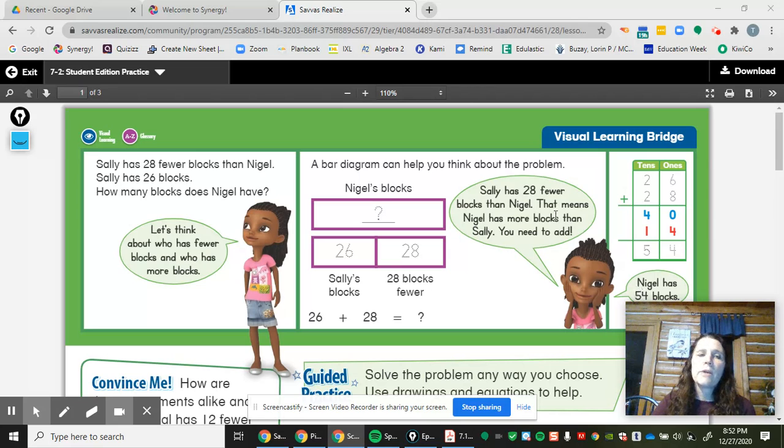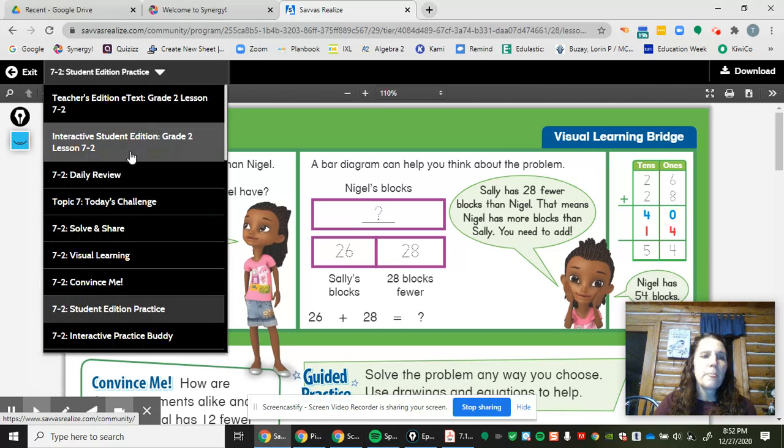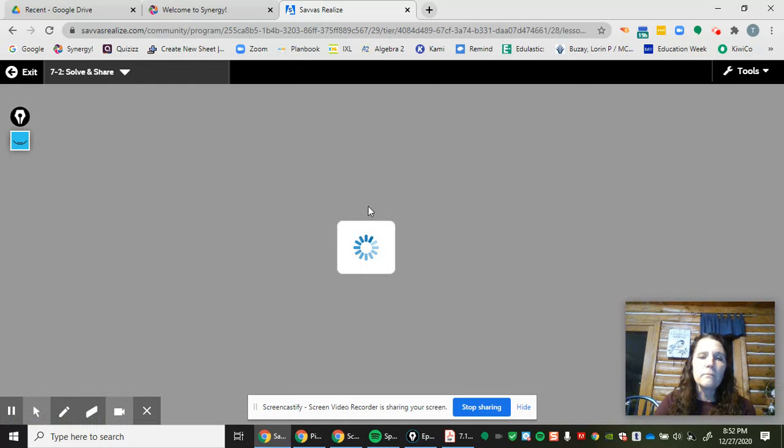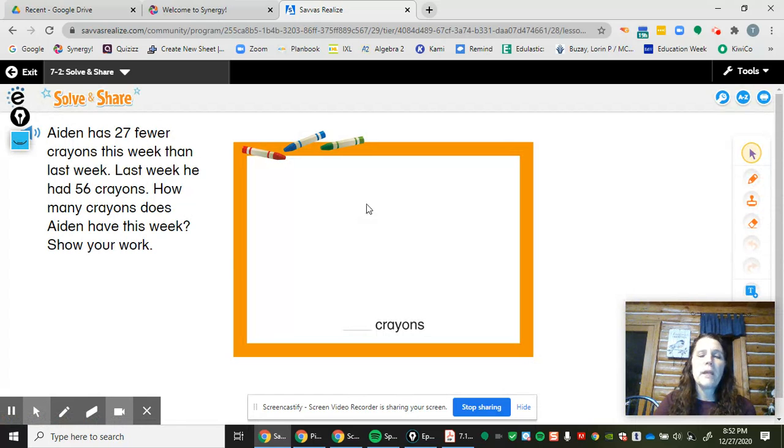Okay? So again, problem solving is what we're going to be doing today. So let's go to the solve and share and look at that problem. So if you flip your page over to the solve and share, let's look at this. It says Aiden has 27 fewer crayons this week than last week.